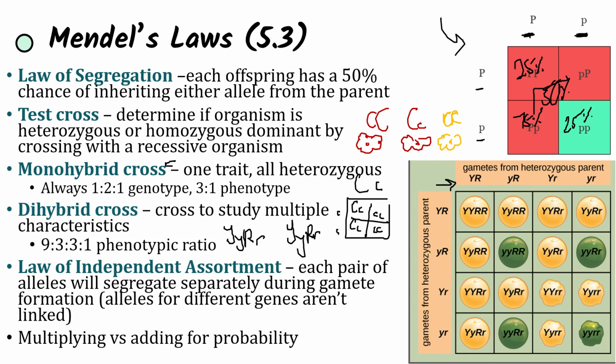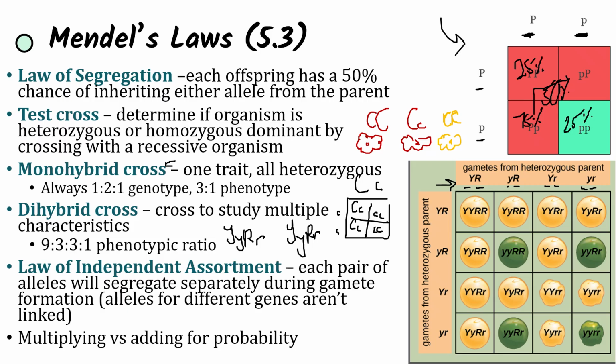We can have the alleles for both traits to be dominant, an allele for one trait to be dominant and the other recessive, the other dominant and the first one recessive, or both recessive. And so when we do this dihybrid cross, we get a 9-3-3-1 phenotypic ratio, where 9 organisms are going to exhibit the dominant appearance, and then 3 are going to exhibit dominance for one and recessive for the other, 3 are going to exhibit the reverse, and then 1 is going to exhibit recessive for both traits.